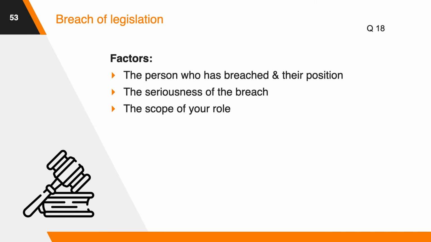So for example, if it's your head of boarding or your school principal, you're going to have to handle that quite differently, because normally you would probably fill out an incident report and then put that into your head of boarding or your principal. So this is a factor that is going to affect how you deal with a breach of legislation. Also the seriousness of the breach, how serious is it, and the scope of your role. You know, does your role include dealing with that sort of thing?